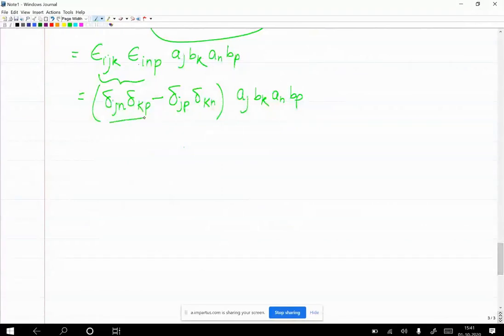So from the first term here, when you multiply, what is going to happen? J is repeating twice and J gets replaced with N. Likewise, K is repeating twice, so K gets replaced with P. So the first multiplication will give me AN BP into AN BP, minus the second one, you see delta JP.